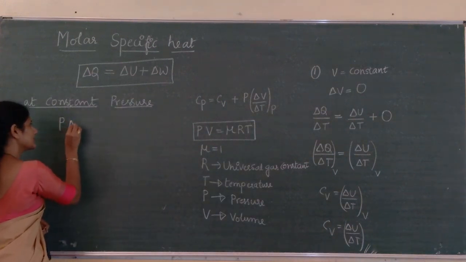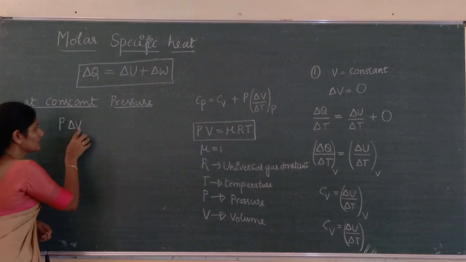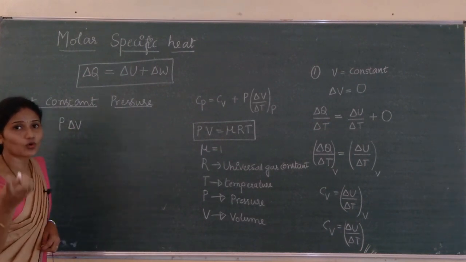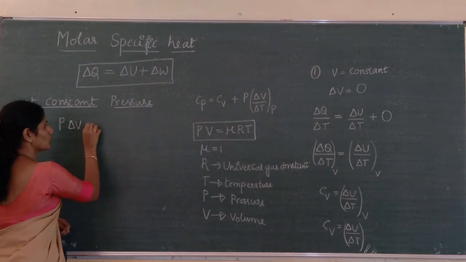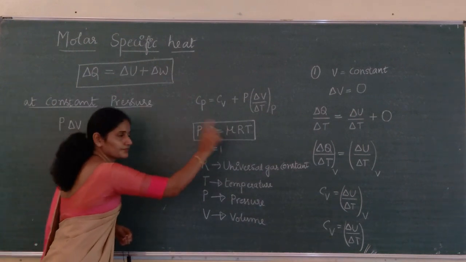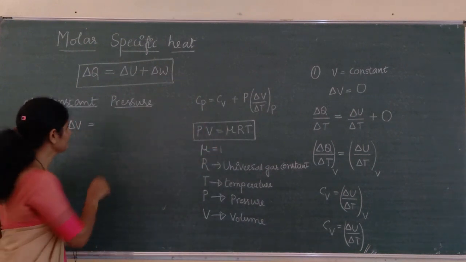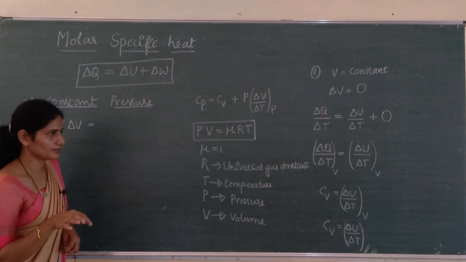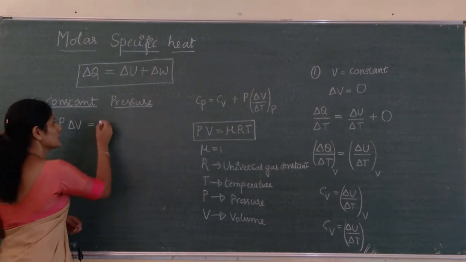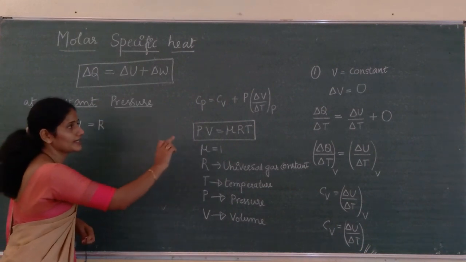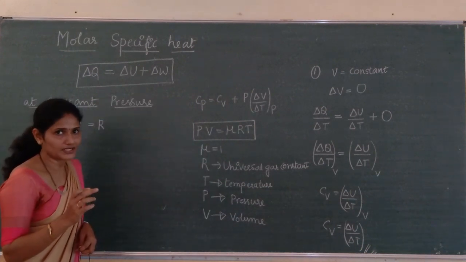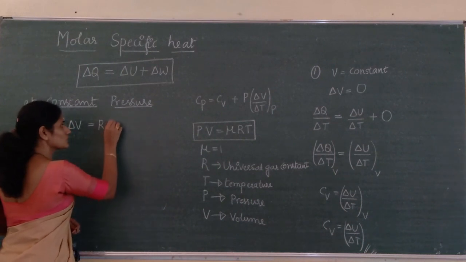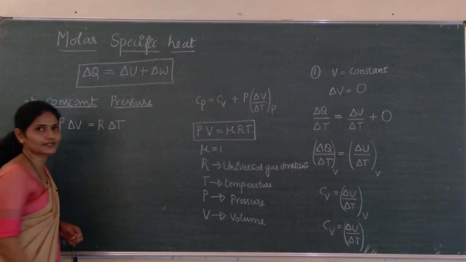So, I write delta V. Delta V indicates the change in volume is equal to mu is equal to 1, no need to write R. It is always constant because it is universal gas constant. So, R. Delta T, temperature rises by 1 degree. So, change in temperature is delta T.